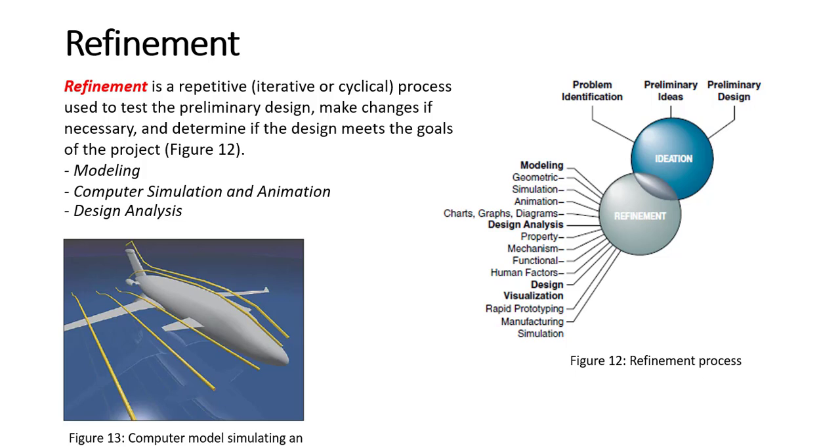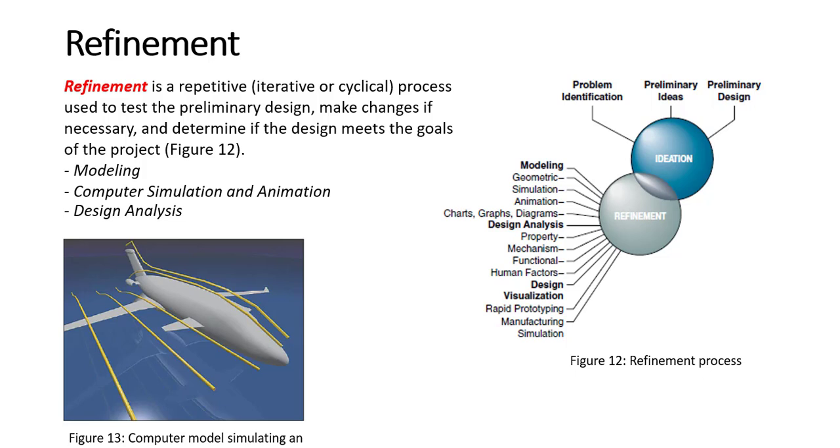The next one is design analysis. Design analysis is the evaluation of the proposed design based on the criteria established in the ideation phase. It is the second major area within the refinement process, and the whole design team is involved.